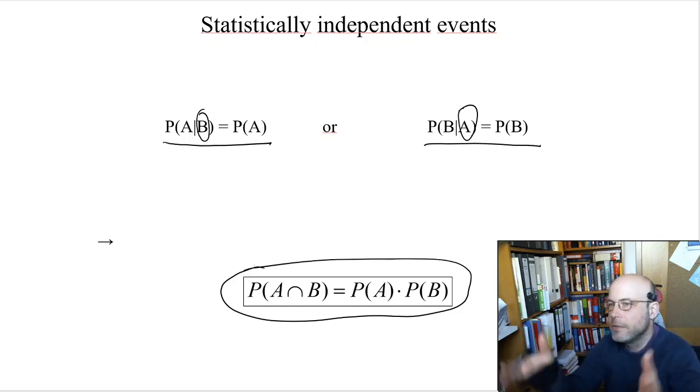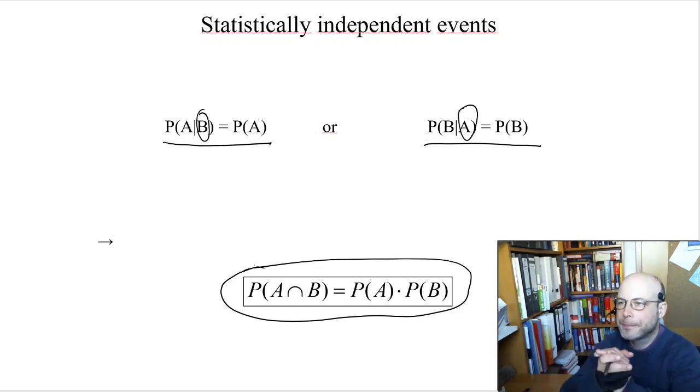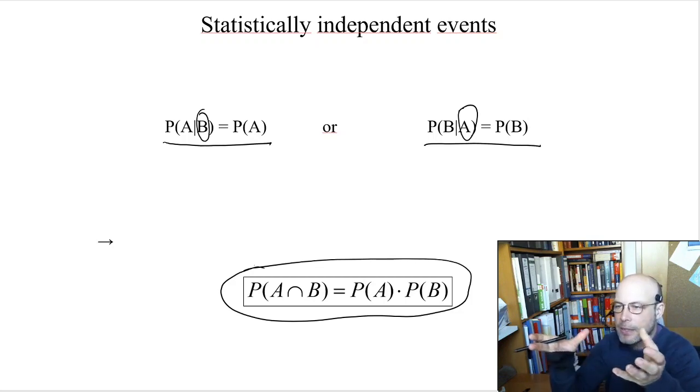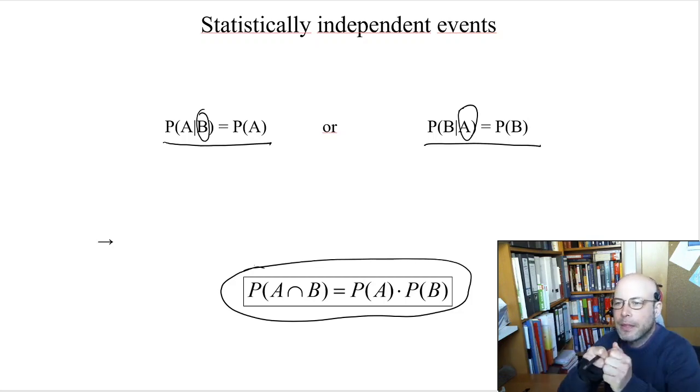If you flip a coin twice, it's 1/2 for the first event, and the second flip is statistically independent, so you calculate 1/2 times 1/2, which is 1/4.